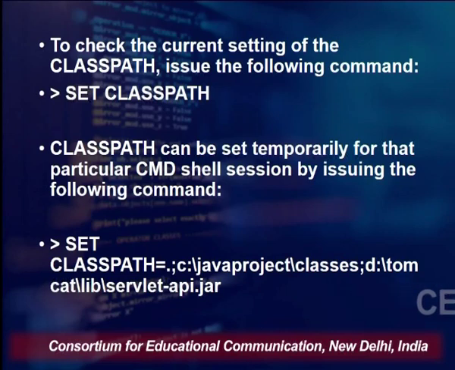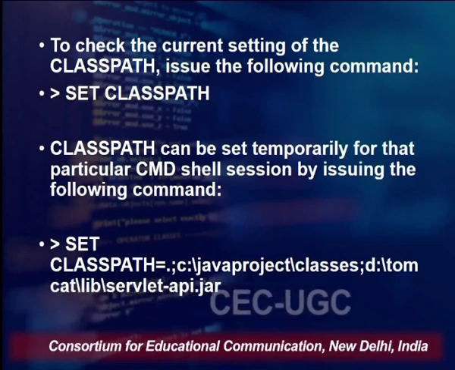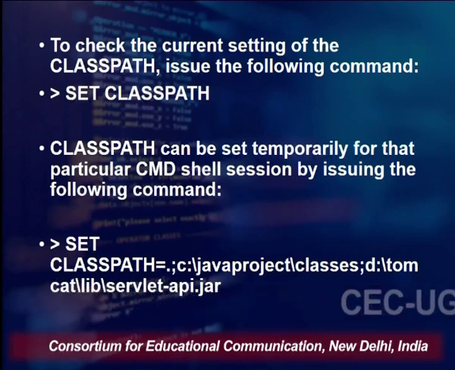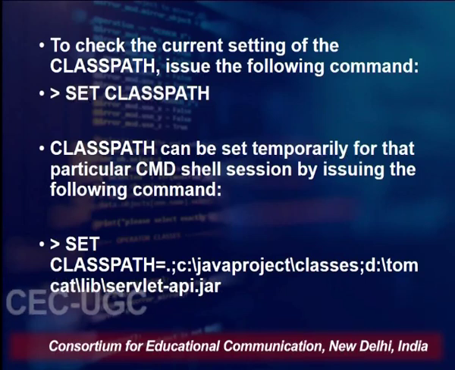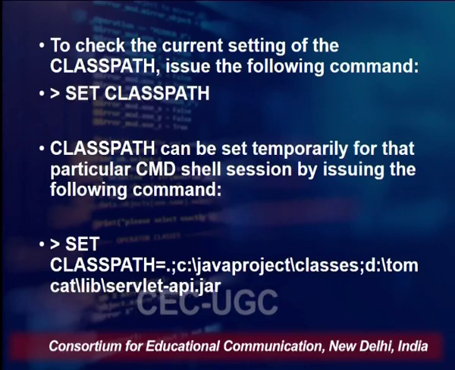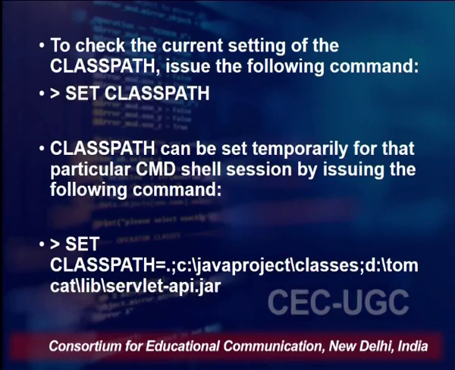The earlier one, which we have seen by going into Windows, then Control Panel, then System and so forth, is a permanent way of entering the class path. The class path entered here temporarily will be valid for that particular session of a CMD command shell.